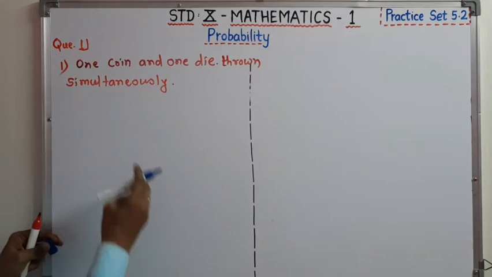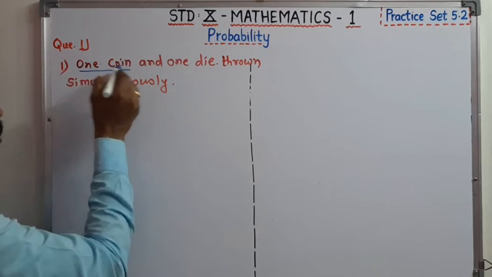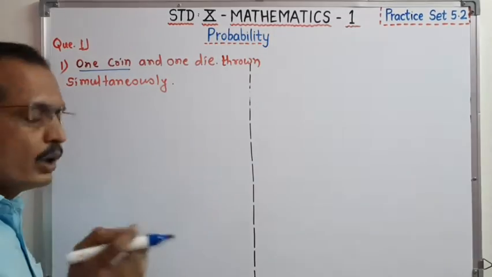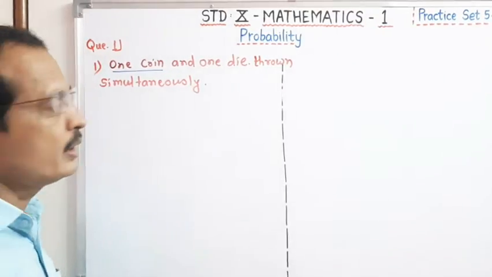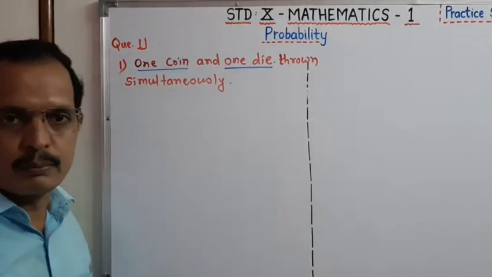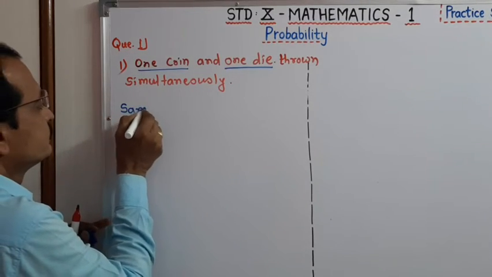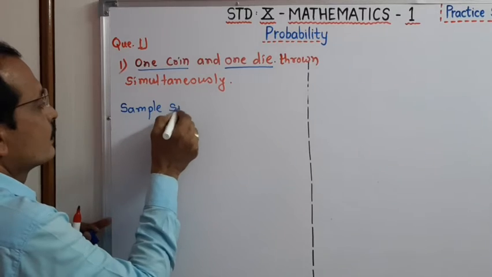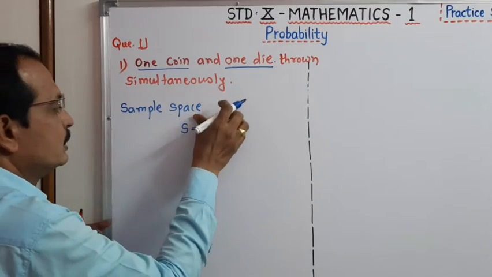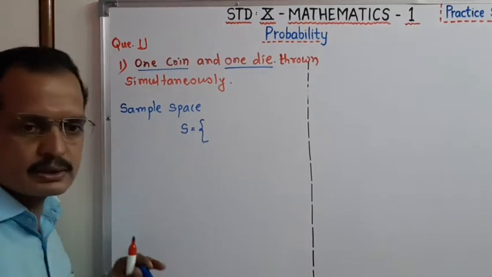Dear students, in the previous lessons we learned one coin, two coins, one die or two dice. But here the combination is one coin and one die. For that purpose, see how to write the sample space. Sample space S is equal to, it is a set, therefore we have to use curly brackets.